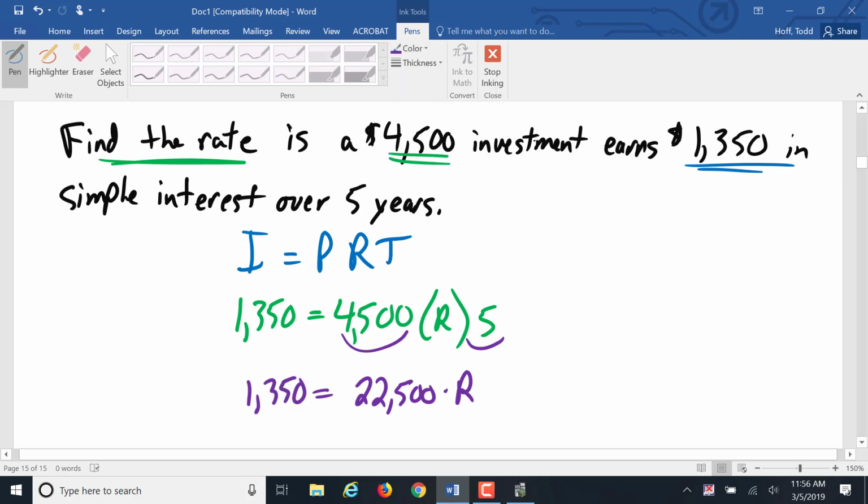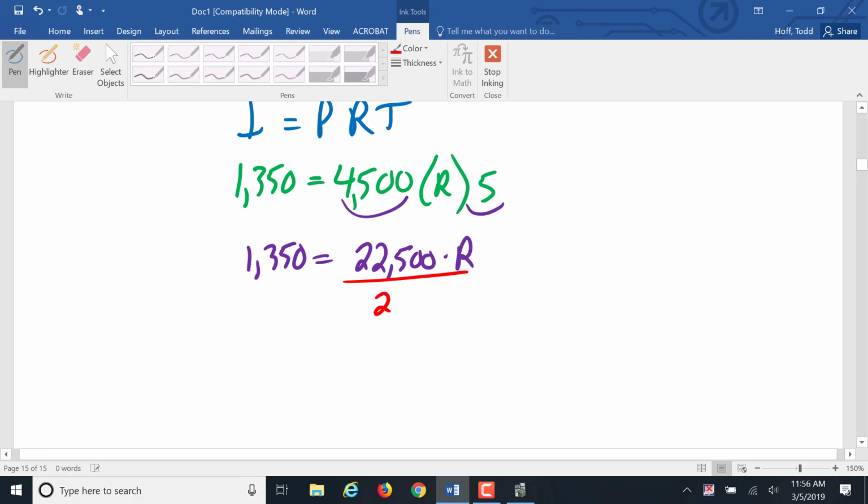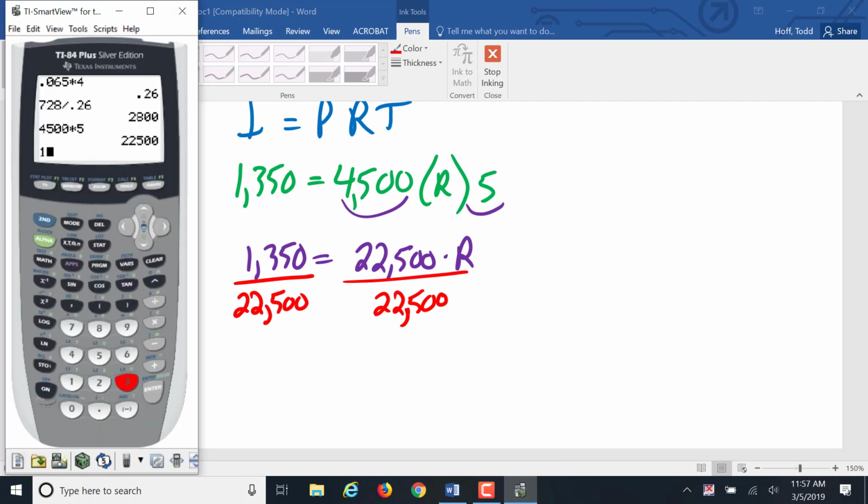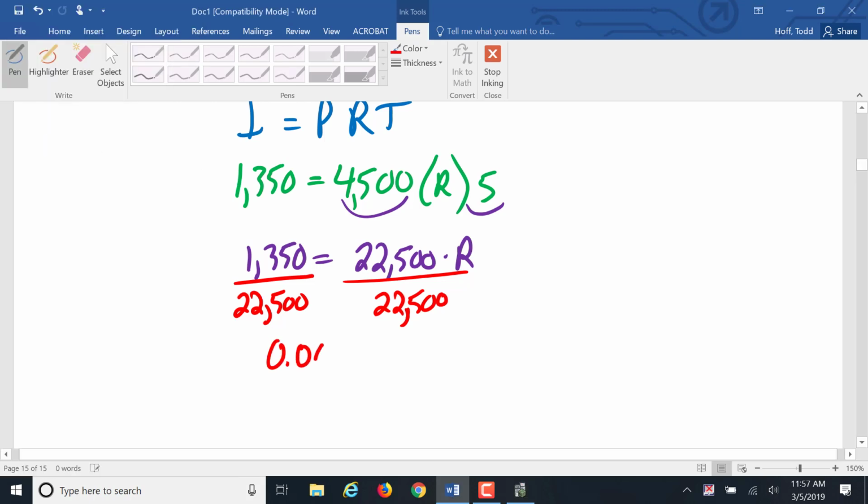And we solve that by dividing both sides by the 22,500. So 1,350 divided by that 22,500 is 0.06. So the rate is 0.06, which is 6% simple interest.